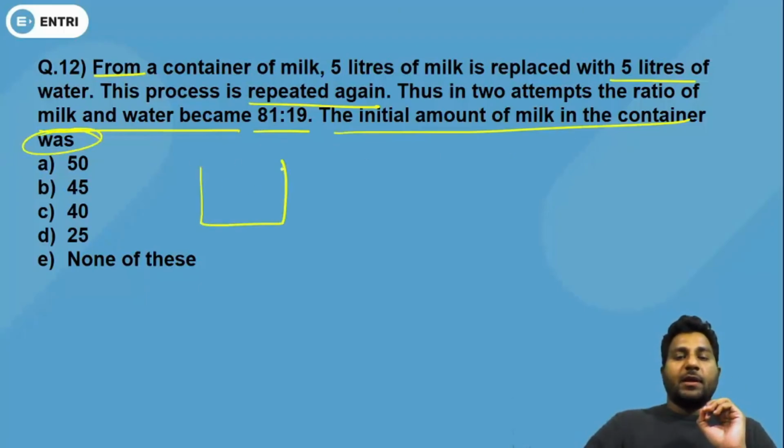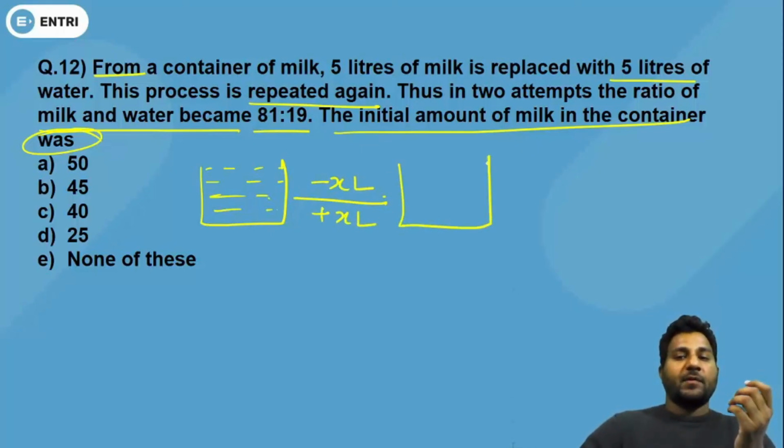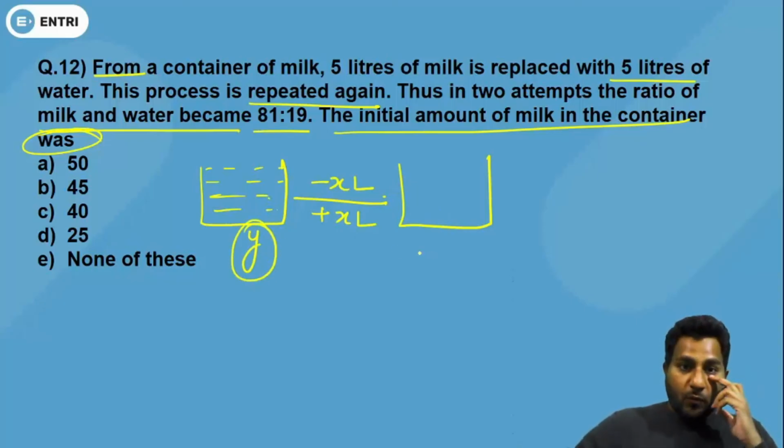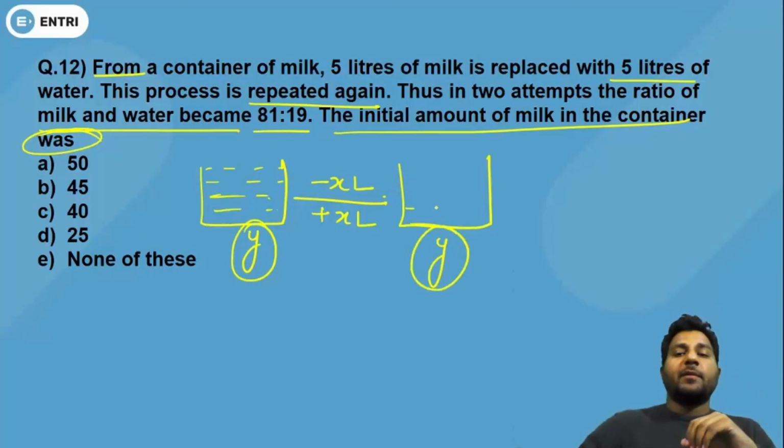So remember, let me give you the concept of solving this question. Let's say you have a full container. If we replace x liters with x liters of impurity, the volume y will remain the same; only the concentration will get affected.